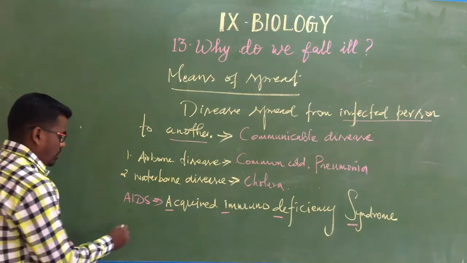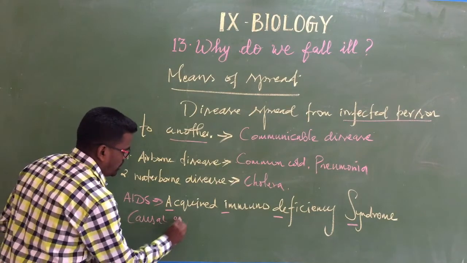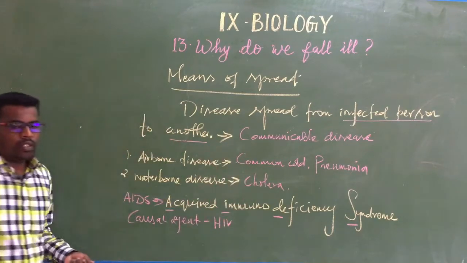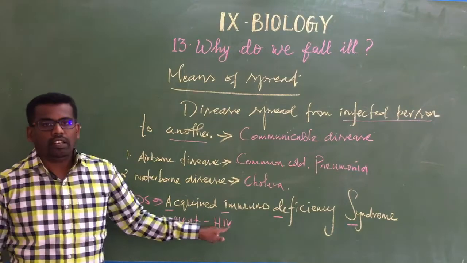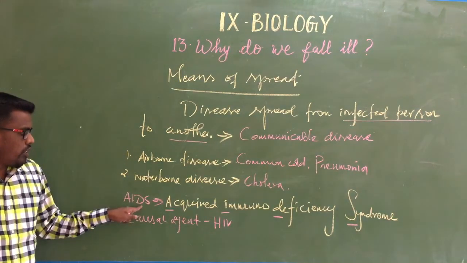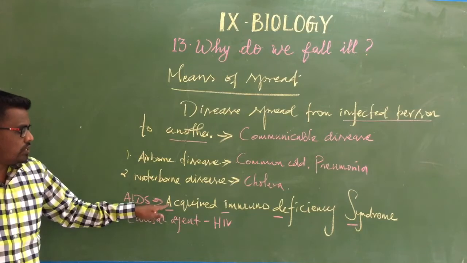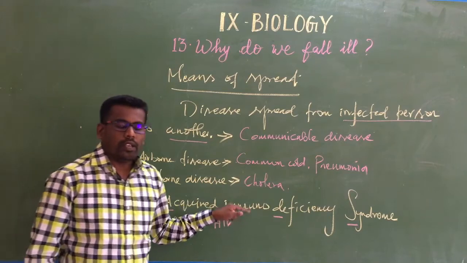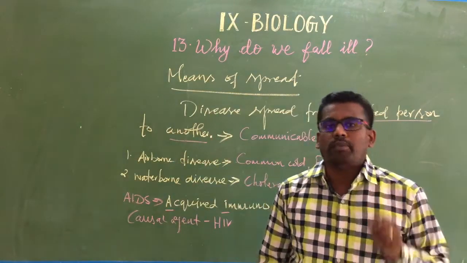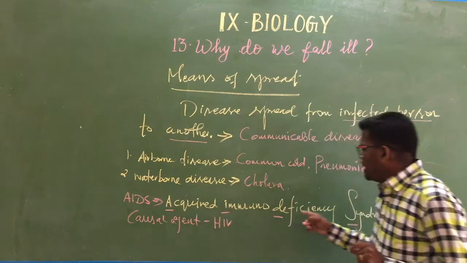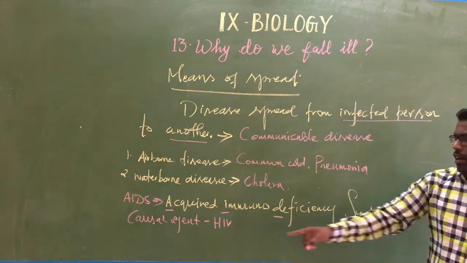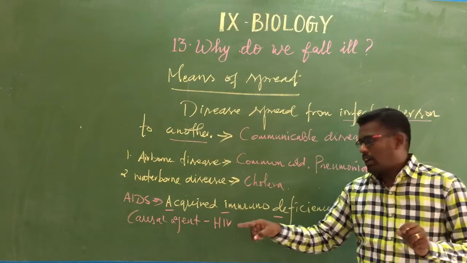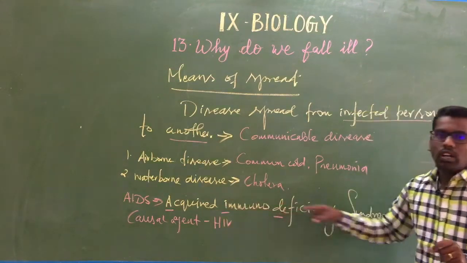The causal agent is HIV, the human immunodeficiency virus. So the disease is AIDS, and the expansion is acquired immunodeficiency syndrome. Immuno means the immune system, so there is a deficiency of the immune system.